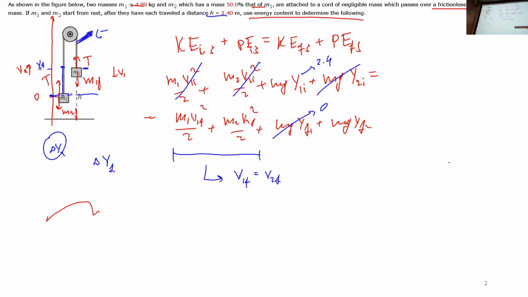This is the same number. So this will be 2.4 meters. So now you know everything. Masses: M1 is a number, M2 is half of that number.